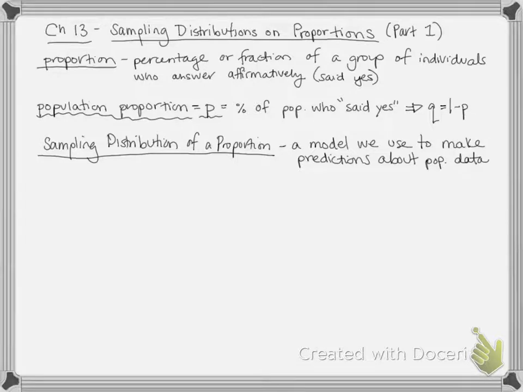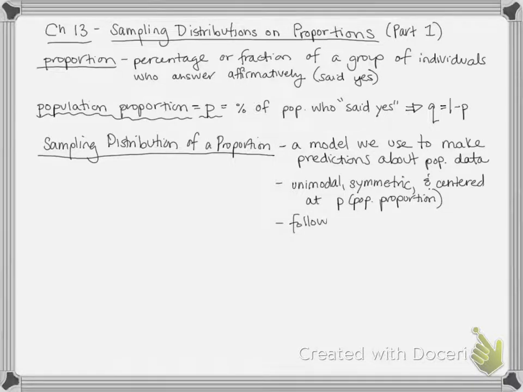So what are some key features of this particular model? This model is unimodal, symmetric, and it's centered at p, the population proportion. Just as a reminder, p stands for the population proportion. So this follows a normal model. What does that mean?